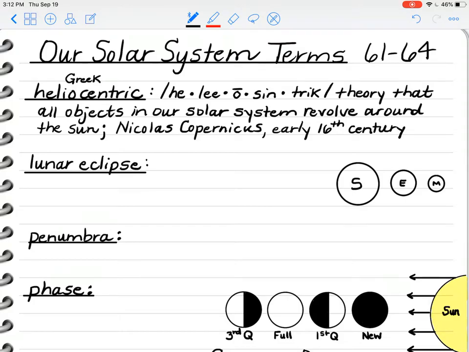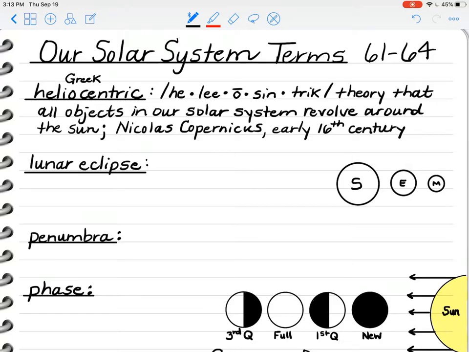So it took a long time for people to understand that Copernicus was right and that in fact the earth is just a grain of sand in the great big universe, that it's not the center of everything. It's just a very small piece of a very small piece of a very small piece of the universe. So Copernicus was the first to say that the earth is moving around the sun. And that is a heliocentric solar system.